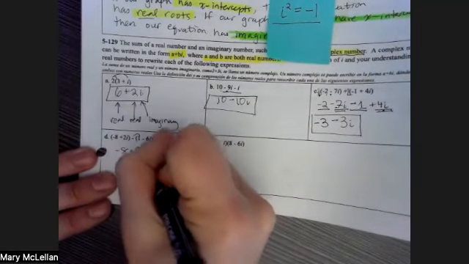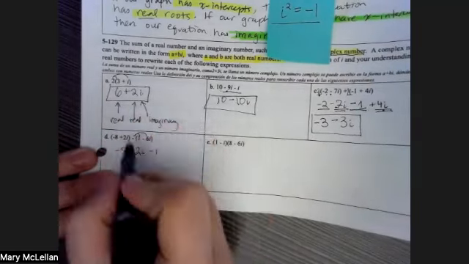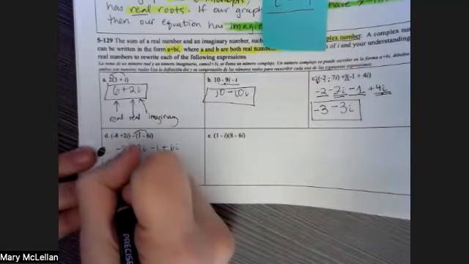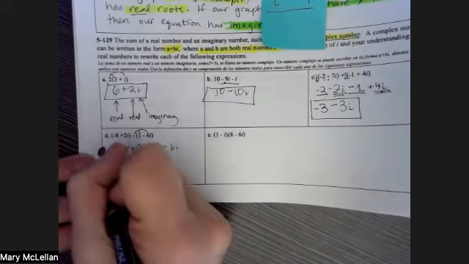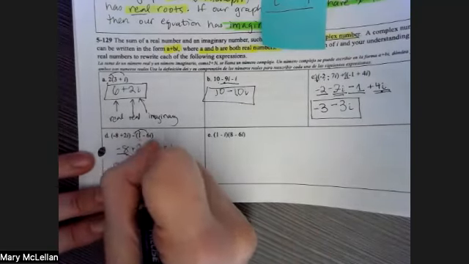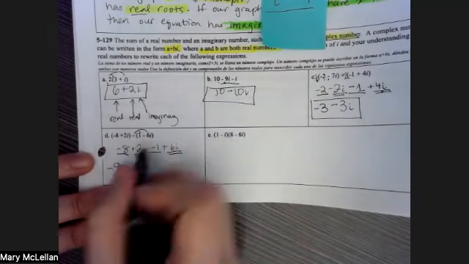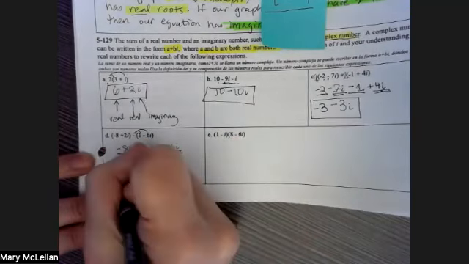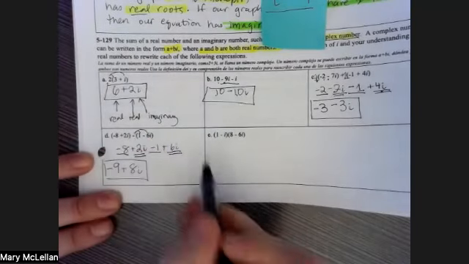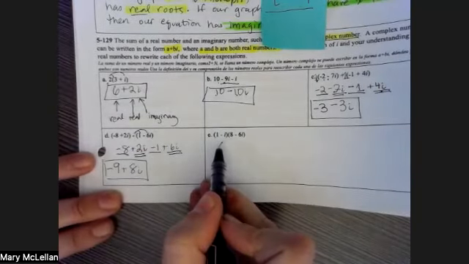So -1 plus 6i. Okay, combine like terms. -8 minus 1 is -9. 2i plus 6i becomes 8i. Final answer. And now for the fun one.